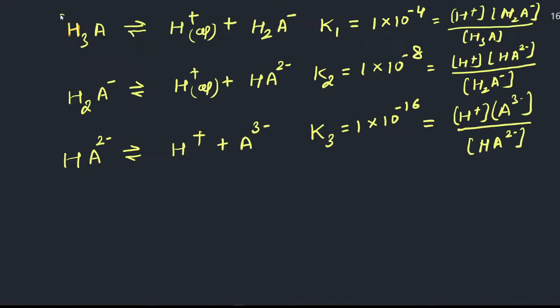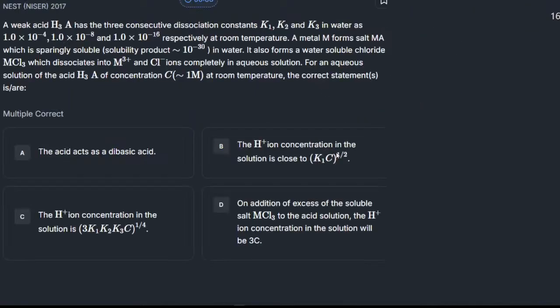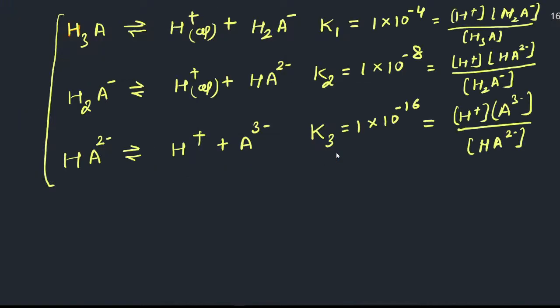First of all, tell me, out of these three, K1, K2 and K3, which one will give H plus ion to the maximum extent? Out of K1, K2 and K3, which one will give the concentration of H plus to the maximum extent?